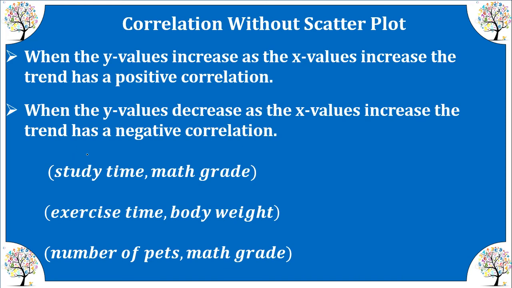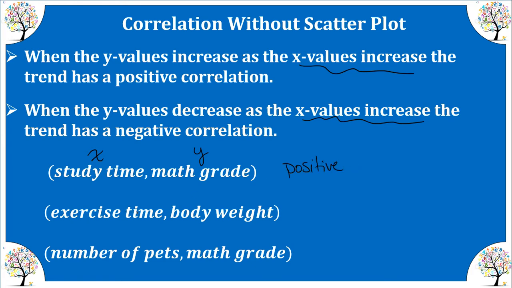So let's look at study time, which will be our x values, and our output values, our math grade. So ask yourself, as the x values increase, and we will always ask as the x values increase, as study time increases, what tends to happen to your math average? It tends to go up. So this would have a positive correlation.